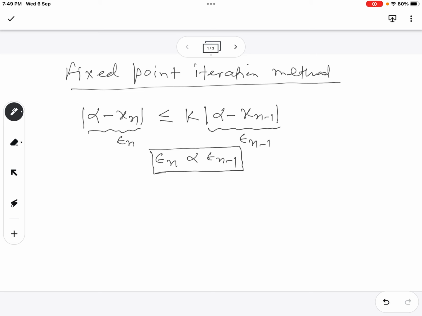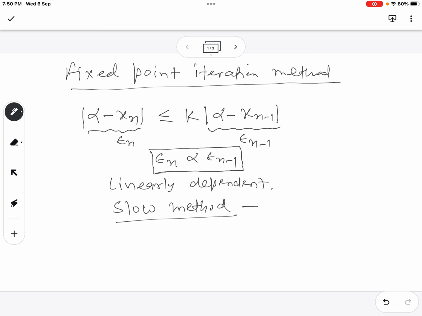In other words, it is linearly dependent, and hence the convergence of the successive approximations is linear. It means that this method is a slow method, and that is the drawback of this method.